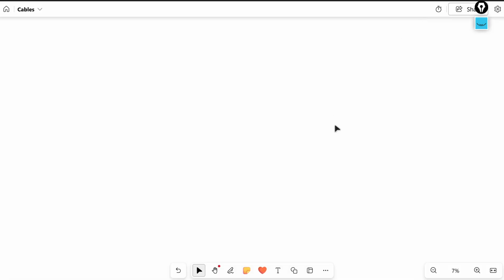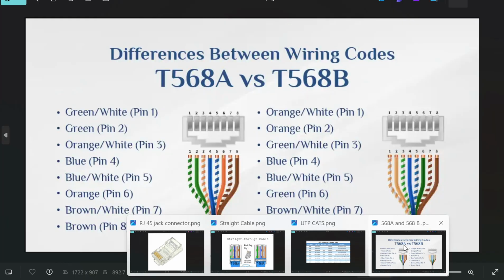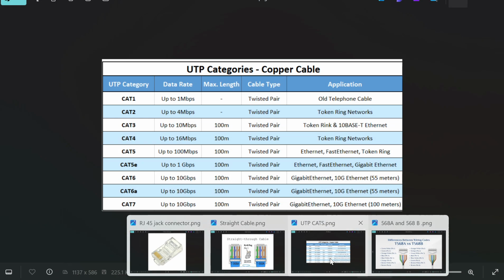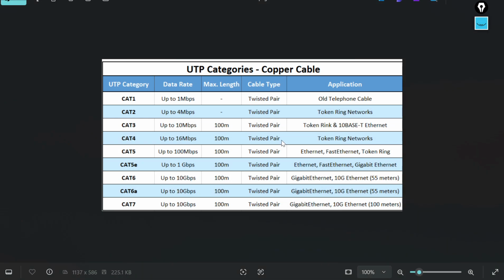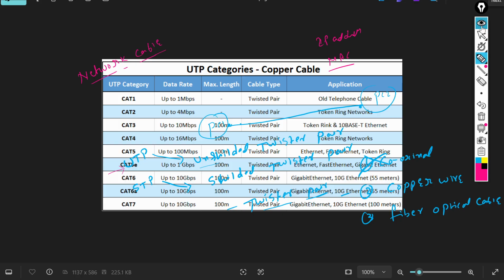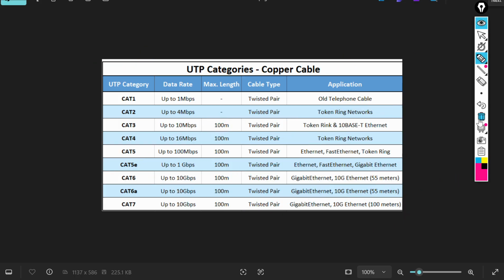In UTP cable, again we have different categories. These are the UTP categories: Cat 1, Cat 2, Cat 3, Cat 4, Cat 5, Cat 5e, Cat 6, Cat 6a, Cat 7.